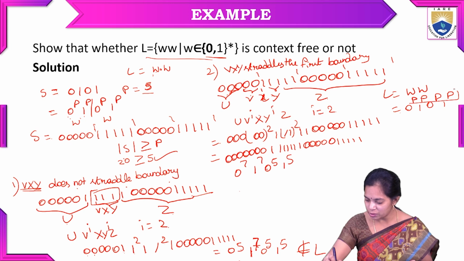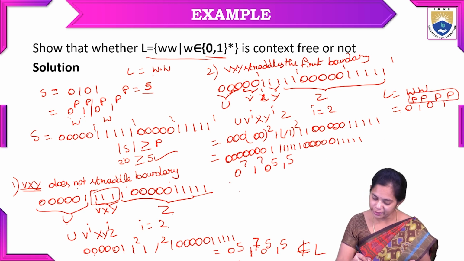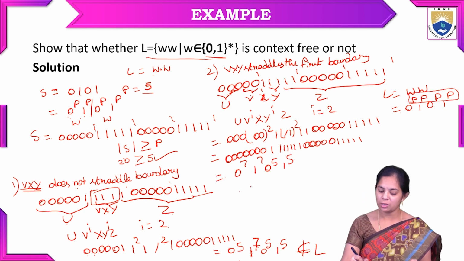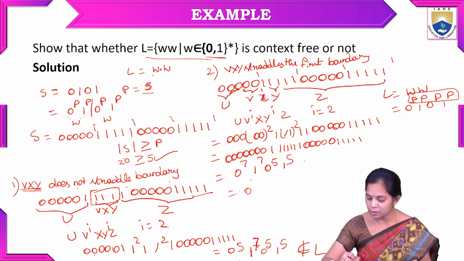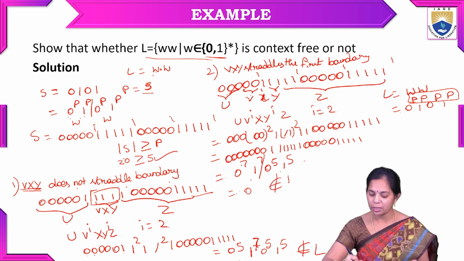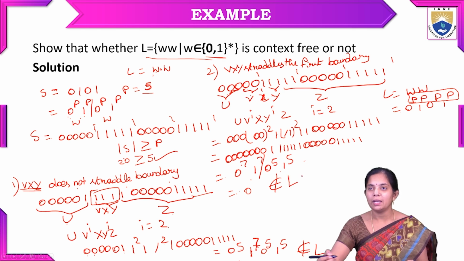So the p value is not changed here, but if you take it after the extraction, what we got, 0 power p is not equivalent. The values of the first part and second part are not equal, so we can say that the given language is not a context-free language.